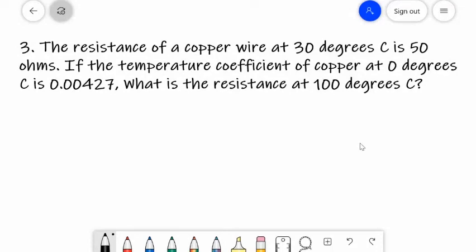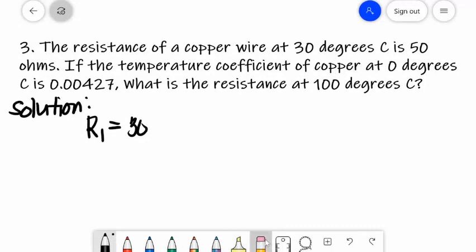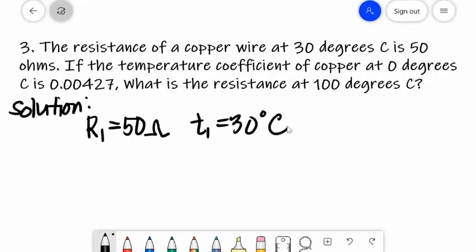Example number 3. The resistance of a copper wire at 30 degrees Celsius is 50 ohms. If the temperature coefficient of copper at 0 degrees is 0.00427, what is the resistance at 100 degrees Celsius? Solution. We have initial resistance R1 equal to 50 ohms at an initial temperature equal to 30 degrees Celsius.